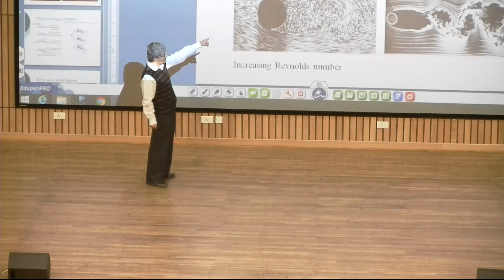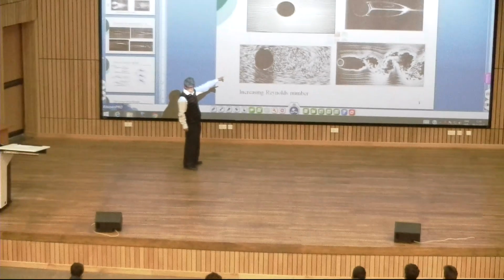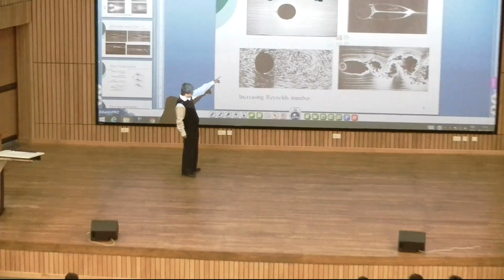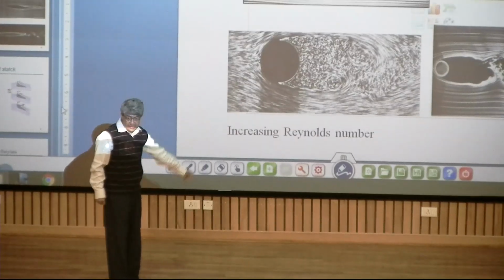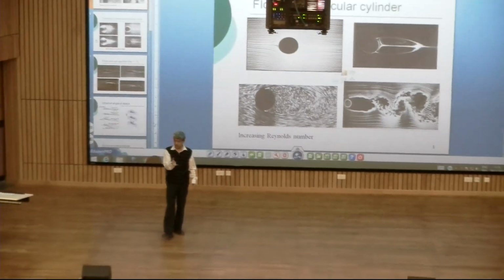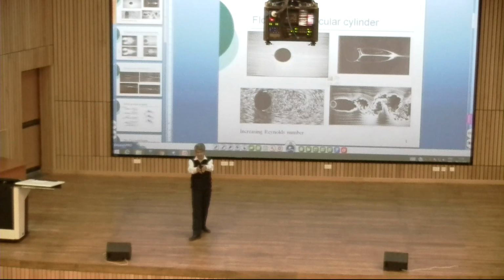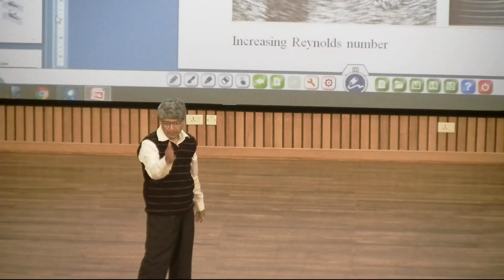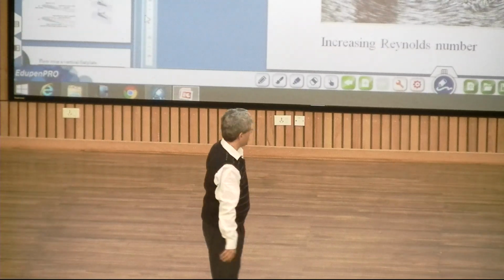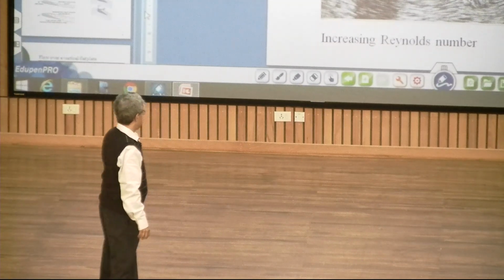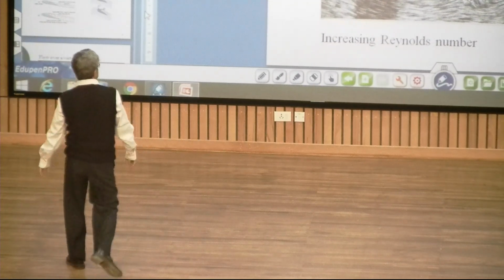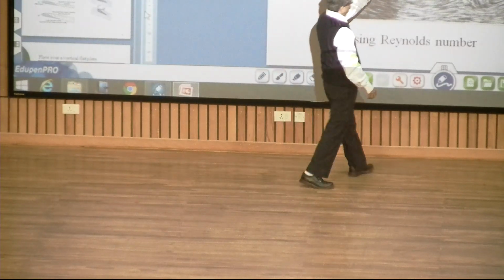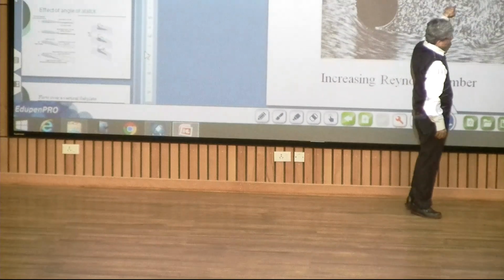So, that one is maybe a Reynolds number of around 20 or so, showing the formation of a steady recirculation bubble. The boundary layers from each side come out and meet, forming what is called a bubble. But when you increase the Reynolds numbers, these shear layers roll up.